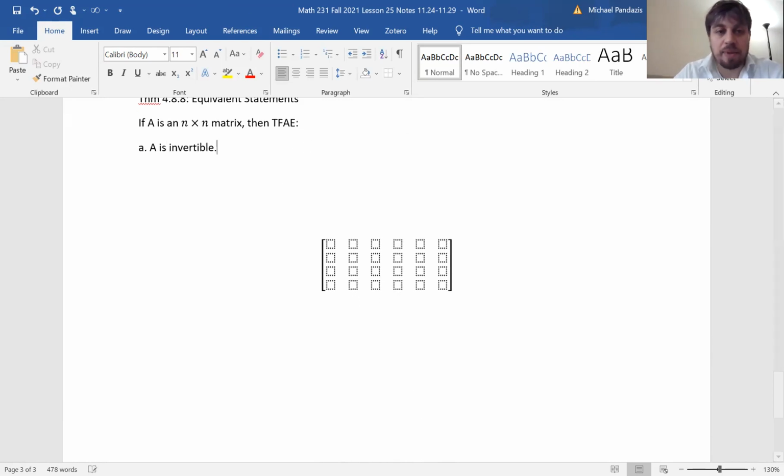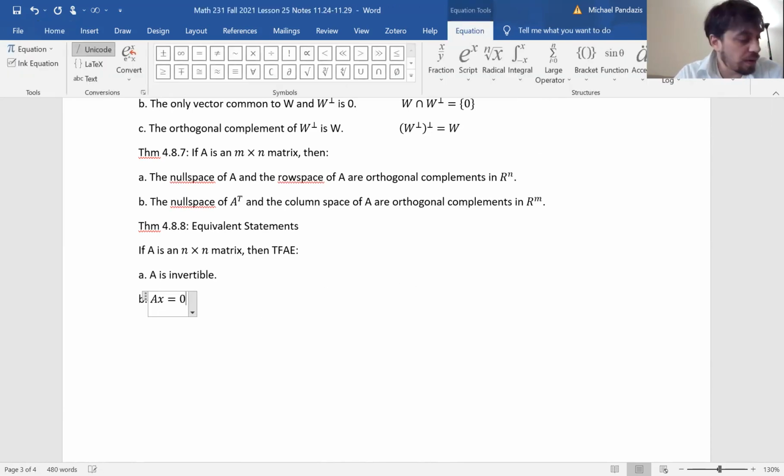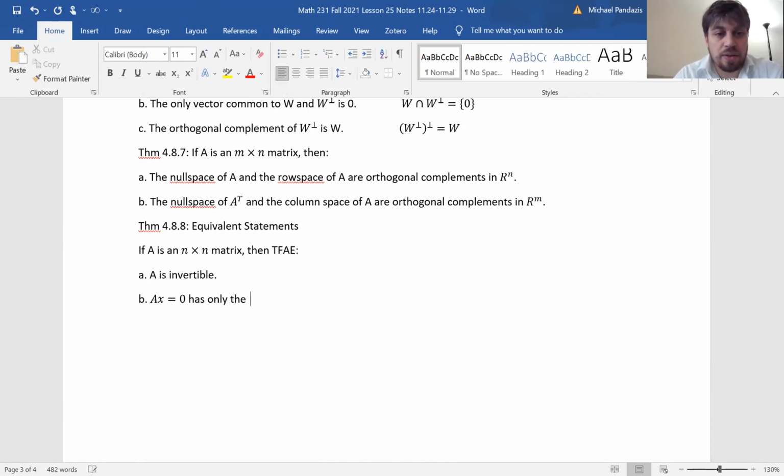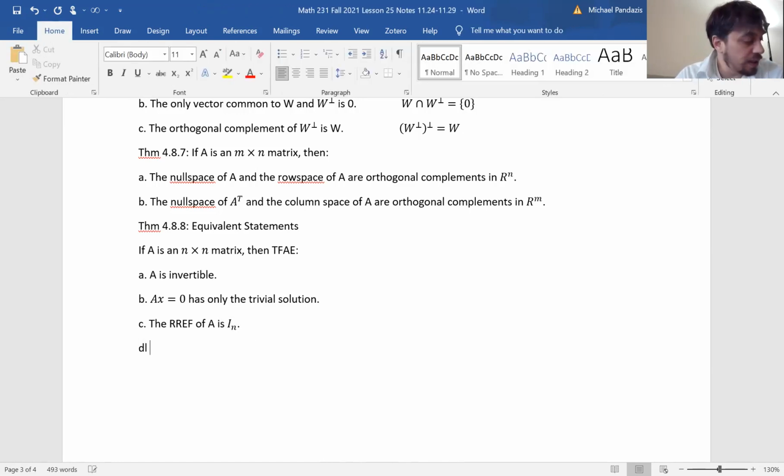So part A is that capital A is invertible. B, AX equals 0 has only the trivial solution. Part C, the reduced row echelon form of A is the n by n identity matrix I sub n. D, A is expressible as a product of elementary matrices.